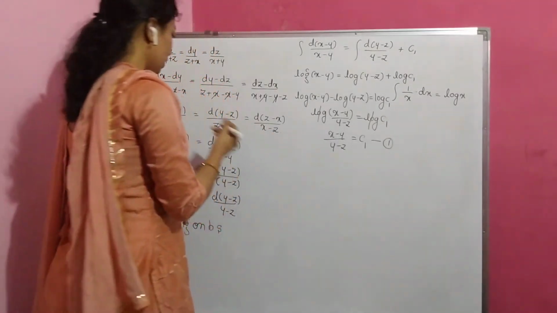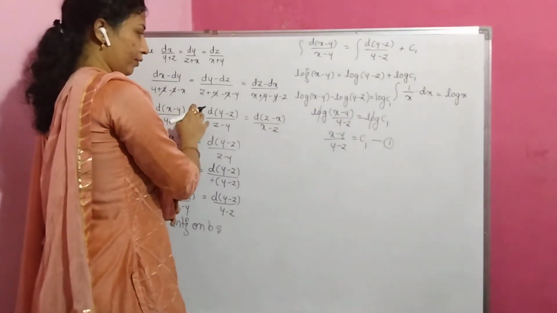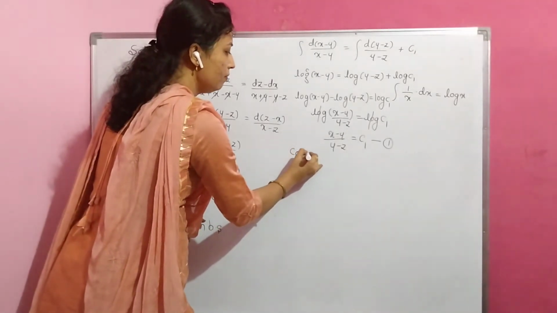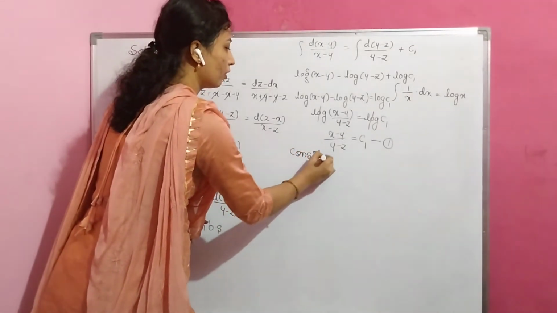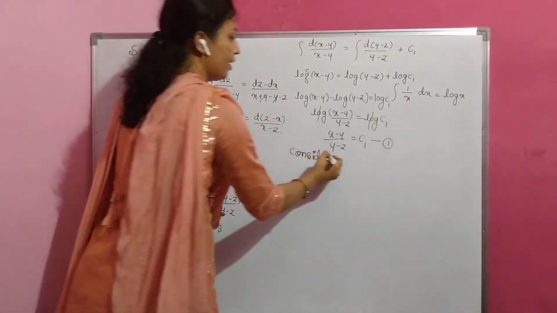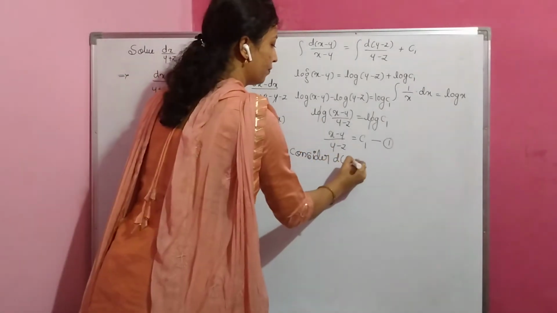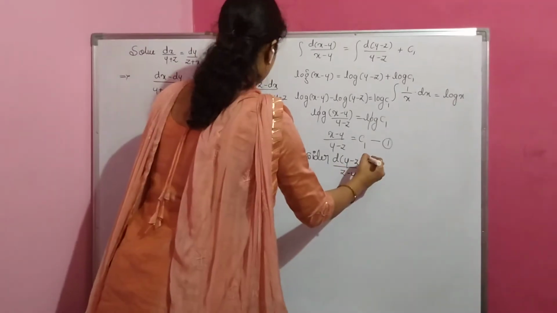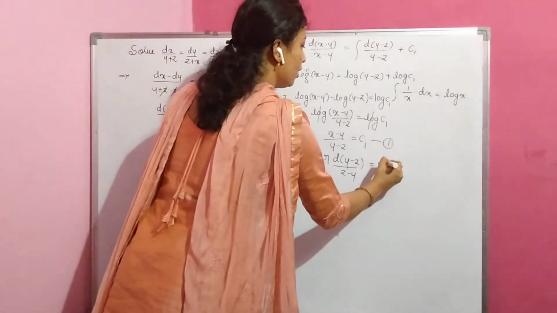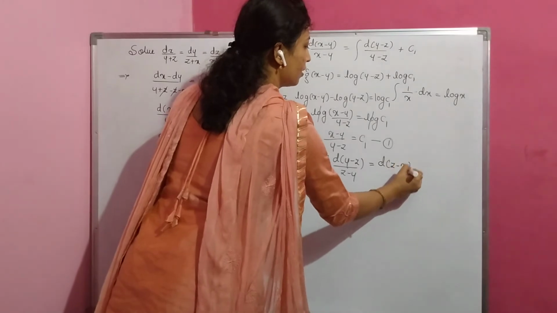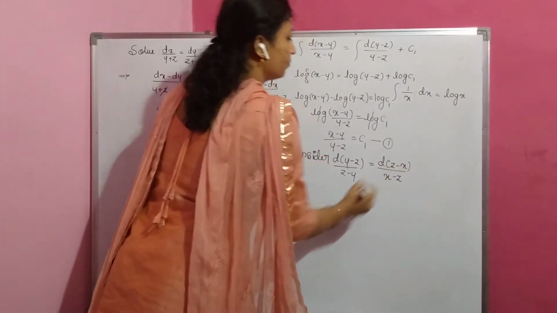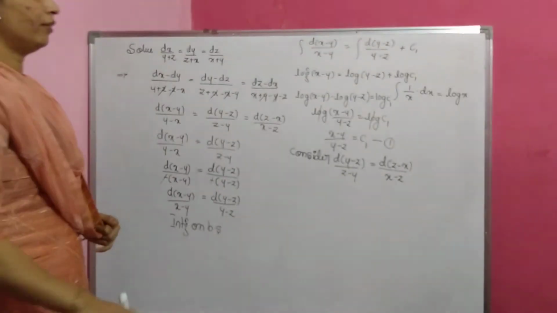So now again here we have to consider the second and third terms, that is, d of (y minus z) divided by (z minus y) is equal to d of (z minus x) divided by (x minus z).